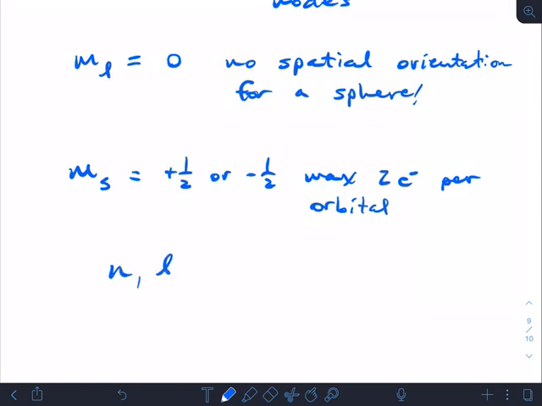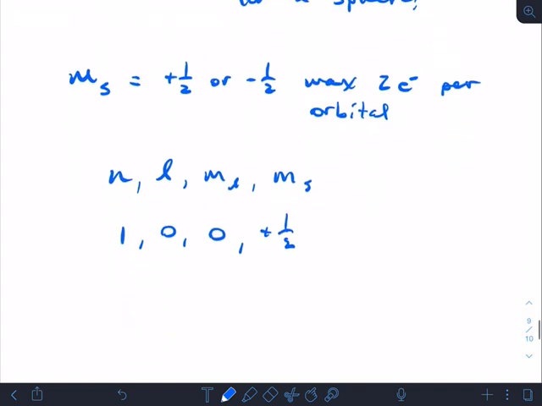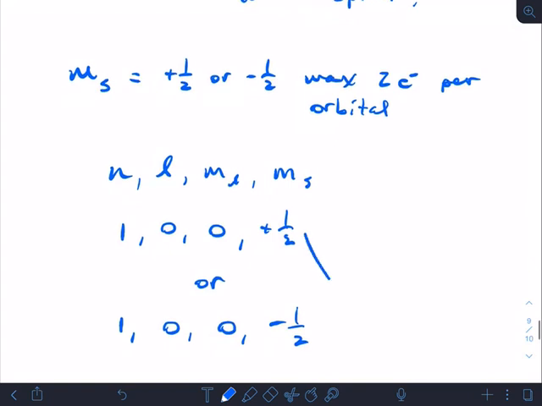So my quantum numbers are arranged like this: n, L, m sub L, m sub s. Okay? So for an electron in this scenario, I could say 1, 0, 0, plus a half, or 1, 0, 0, minus a half.